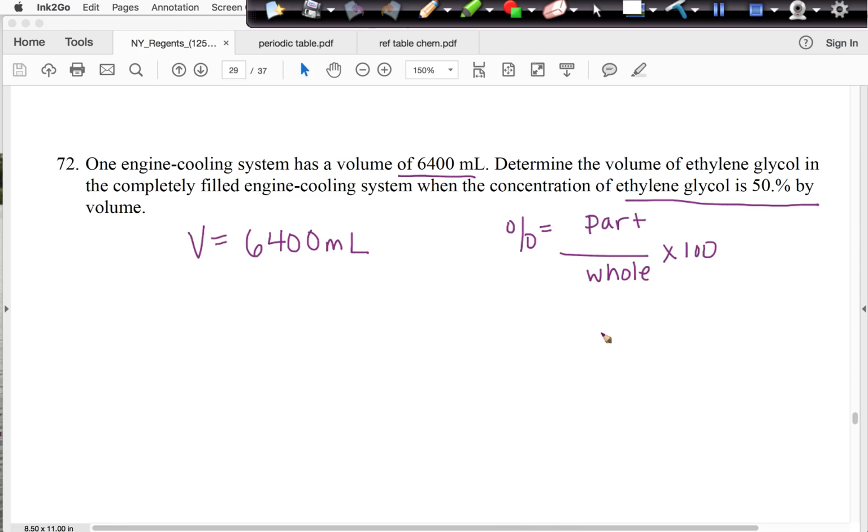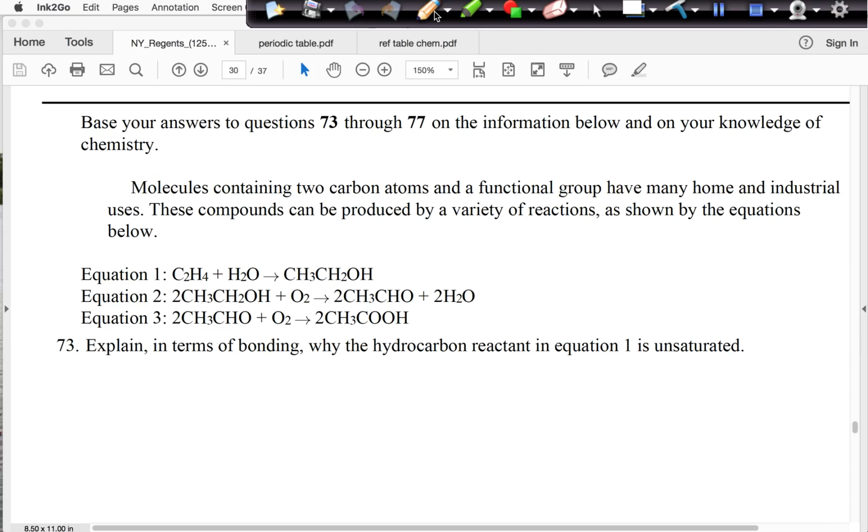So we have the whole volume as 6,400, and we want the percentage to add up to 50%. So half of 6,400 is 3,200 milliliters.